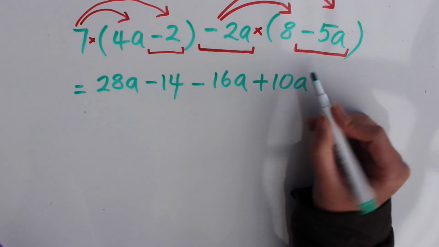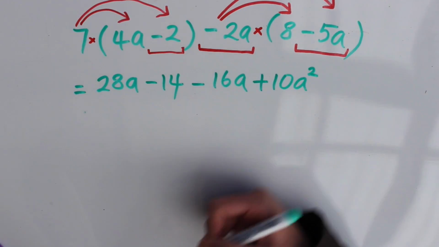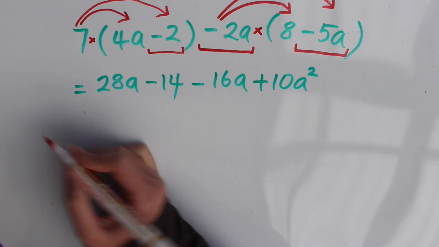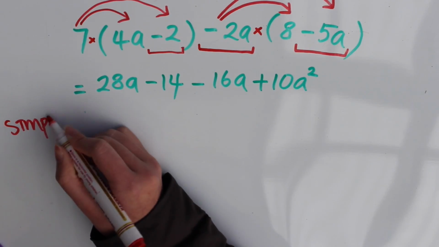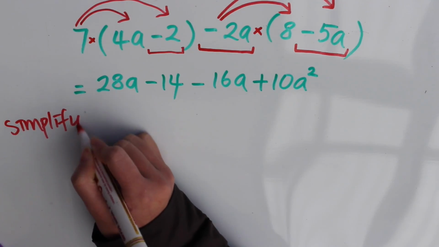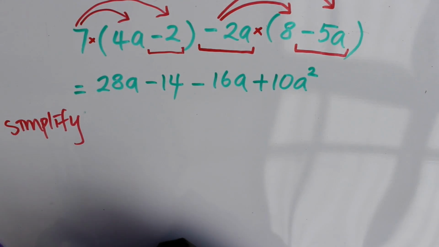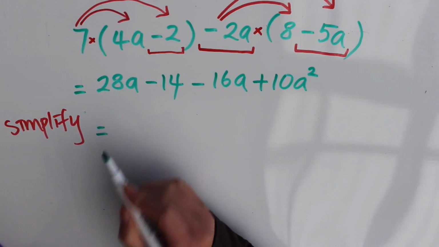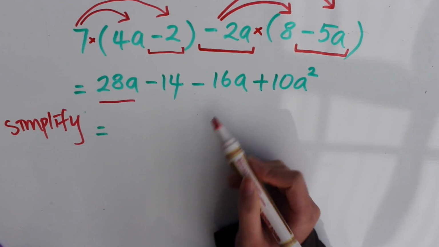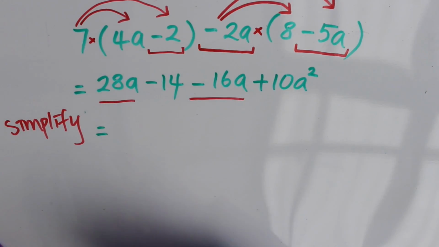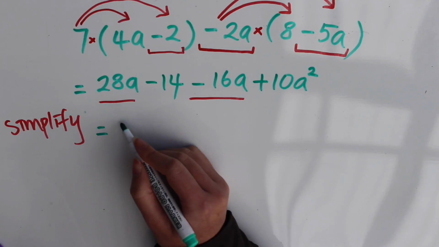However, if you just leave your answer as this, it would be marked as incorrect, as now you must simplify your answer. To simplify, we combine like terms. We can only combine those that have the same variable. In this example, it would be 28a and negative 16a. 28a minus 16a gives us 12a.